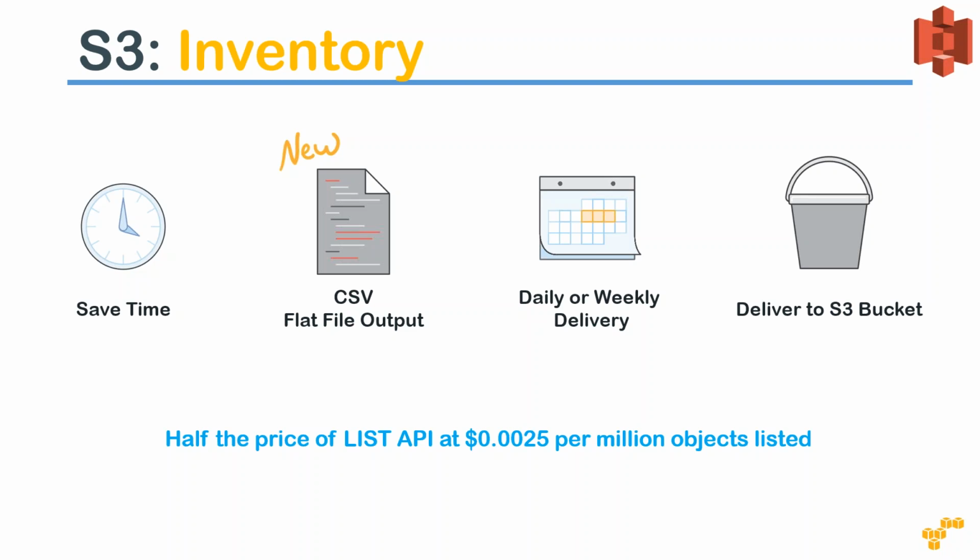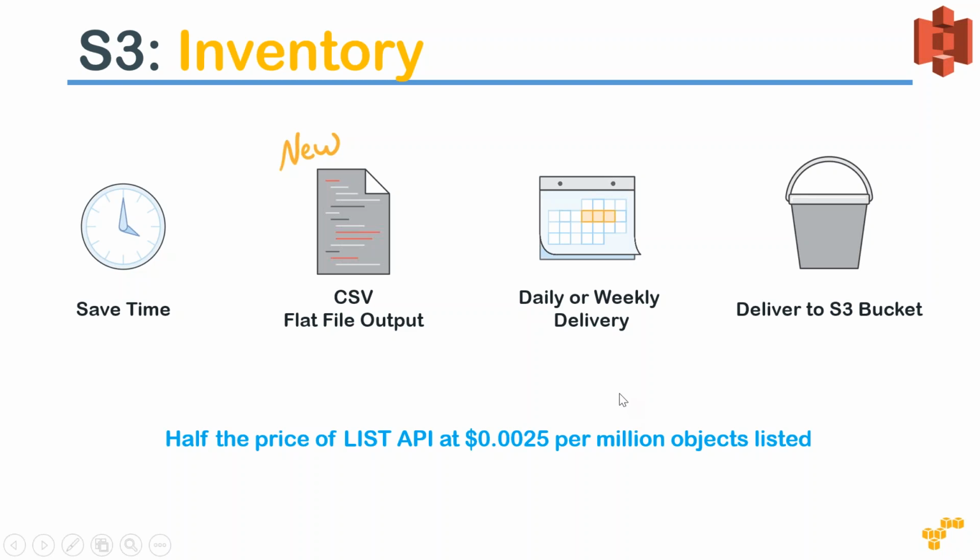Amazon has its own built-in mechanism to build an inventory, and it will save it as a CSV flat file output in a destination bucket. You can configure it to run daily, weekly, any way you want. And the price is also not much. As you can see here at the bottom, it is about $0.25 per million objects.